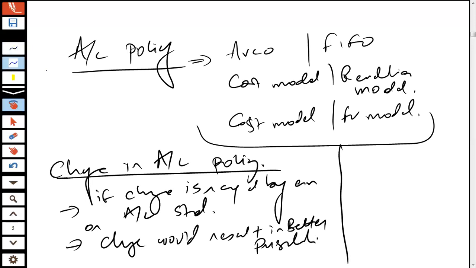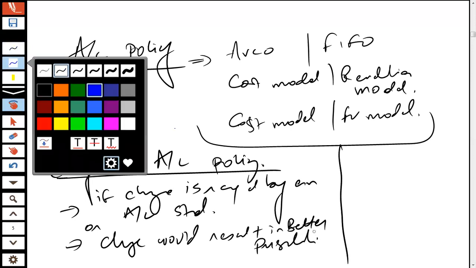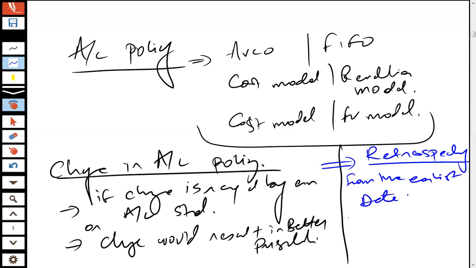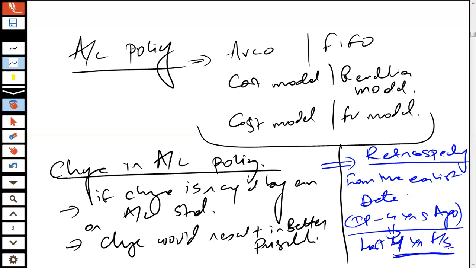Remember, whenever a change in accounting policy arises, it is going to be dealt with retrospectively. What do we mean by retrospectively? From the earliest date. For example, if you acquired an investment property 4 years ago and there is a change in the accounting policy, then the last 4 years' financial statements have to be adjusted in order to reflect the new accounting policy.